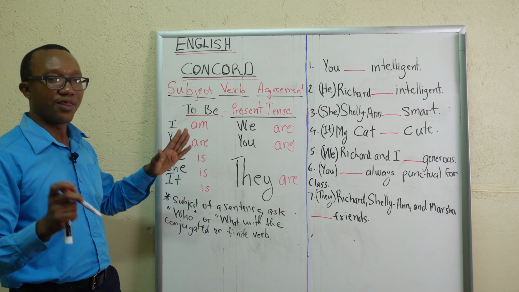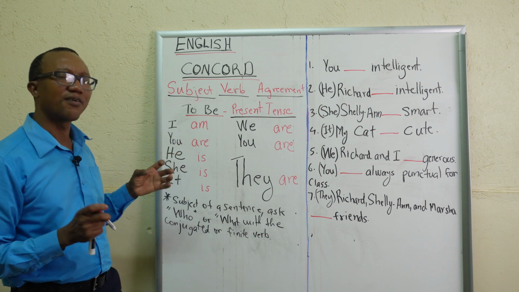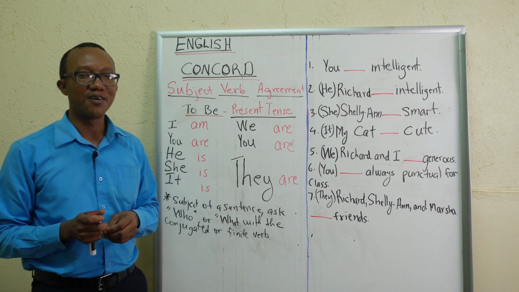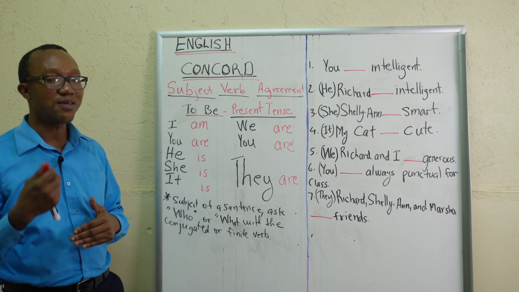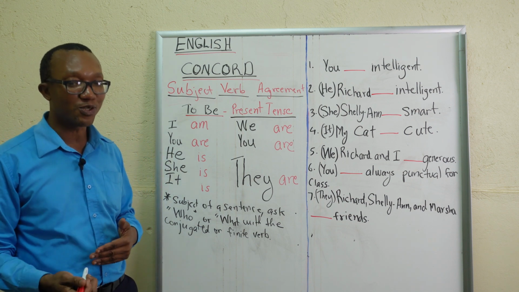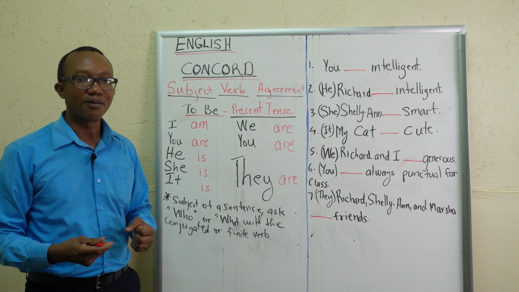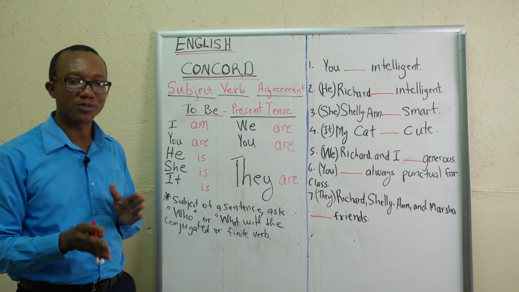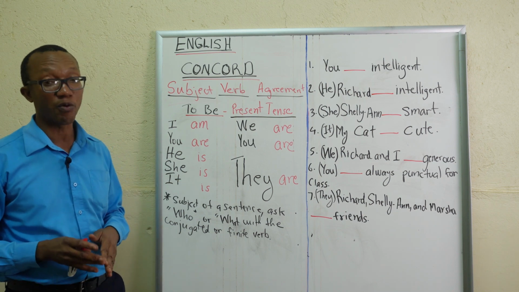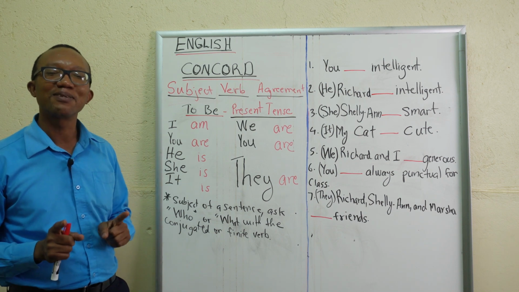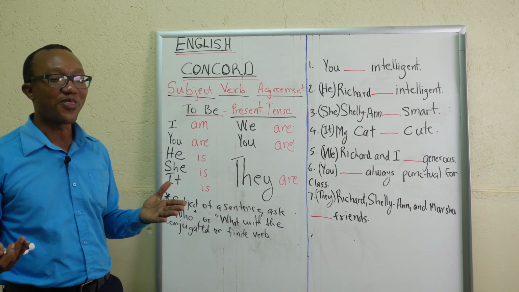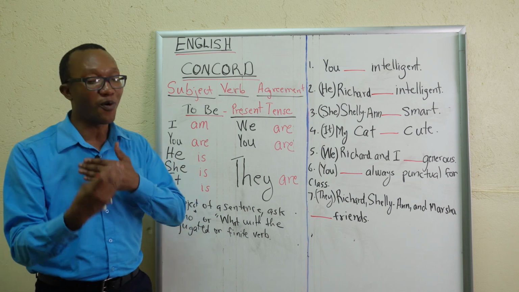Now, we need to know the essential verbs, the helping verbs, first of all, before we delve deeper into other intricacies of the subject-verb agreement in English language, which can be a very sticky concept for many people to grasp, even when they have been taught it over and over again.